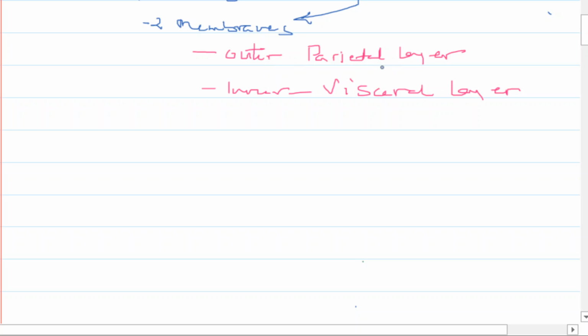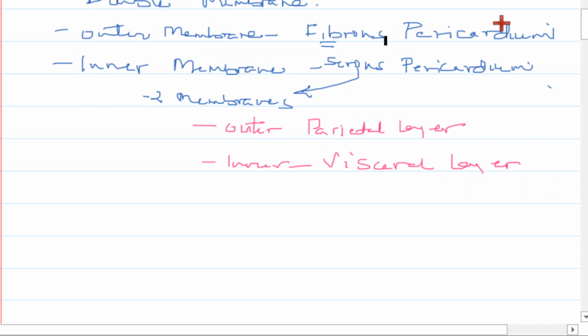The outer parietal layer fuses with your fibrous membrane, with your fibrous pericardium, and the inner visceral layer fuses with the outer layer of the heart wall.